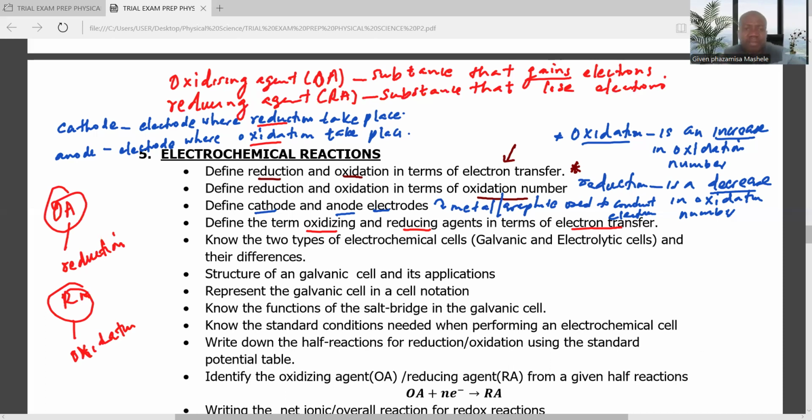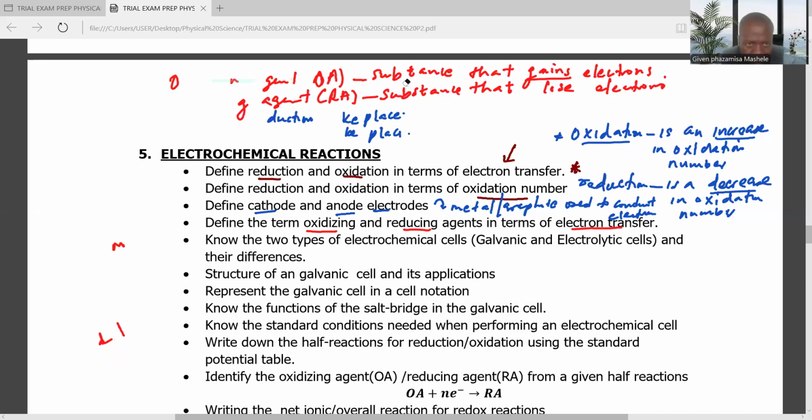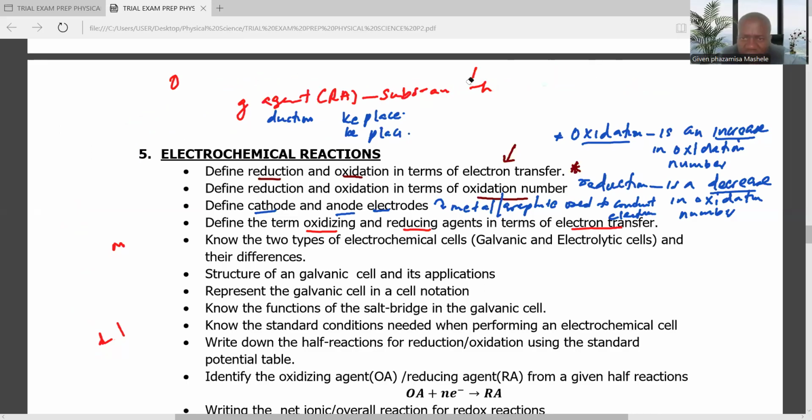And ladies and gentlemen, another thing that is very important, let me just take you through the issue of oxidation number. Let's say we have a half reaction of this form, guys, it's very important. I'm going to take you through grade 11 where you learn about oxidation number.